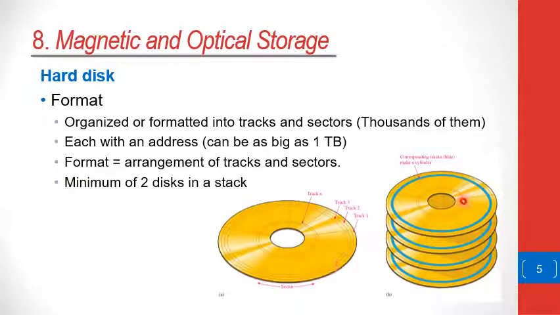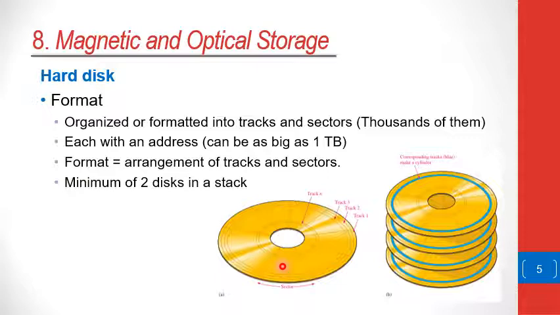The number of disks that you get in the hard disk enclosure will vary depending on the manufacturer. However, a minimum of 2 disks is always maintained, and each address of the hard disk will address a particular track, sector, and a particular information on that magnetic domain.